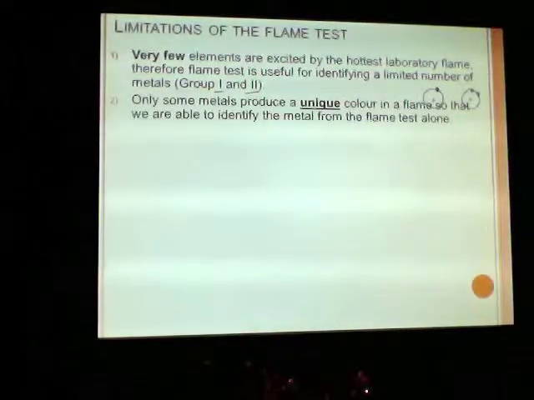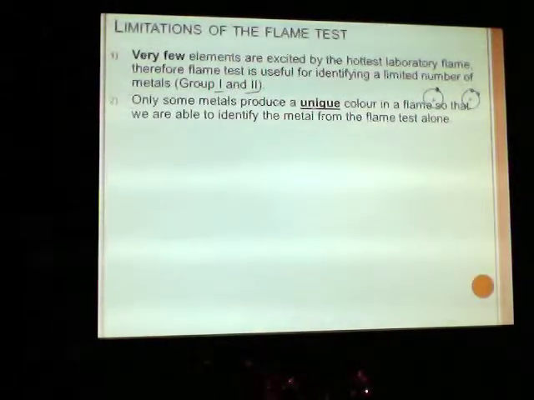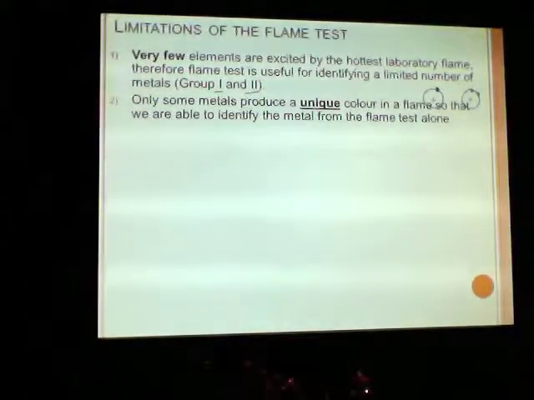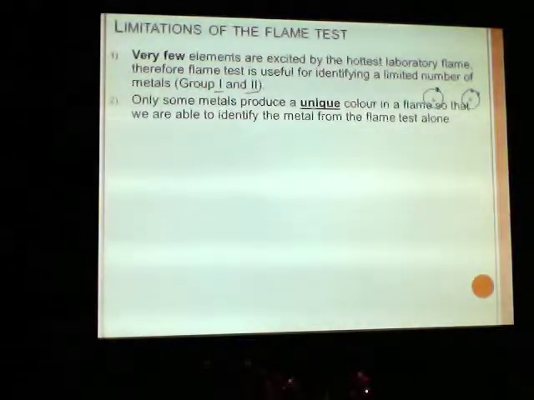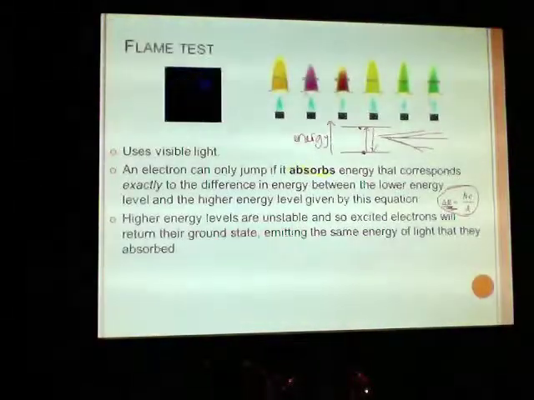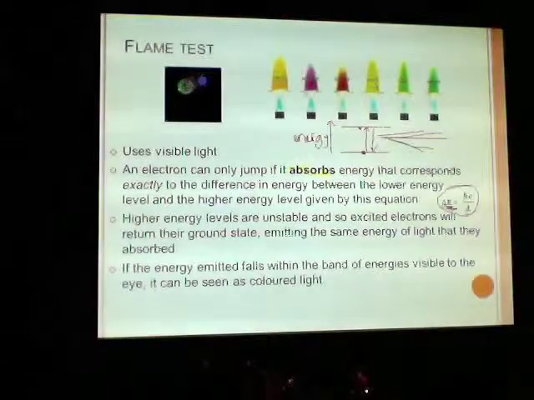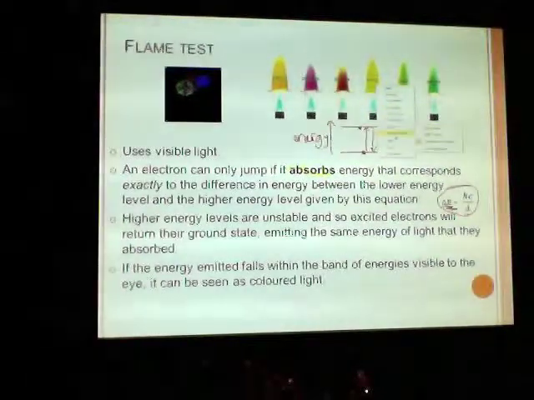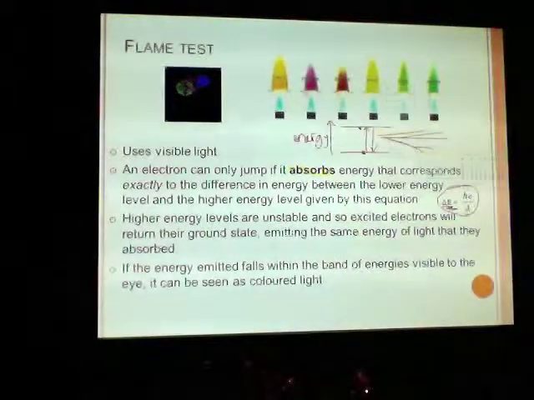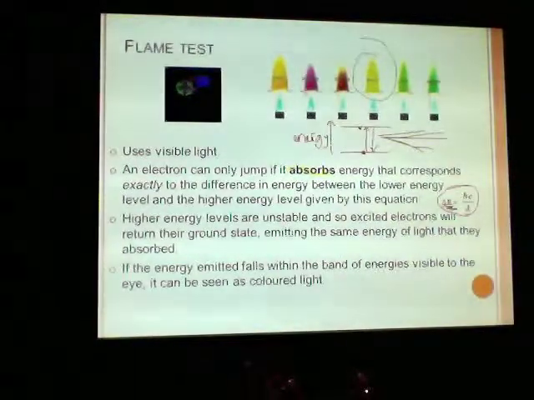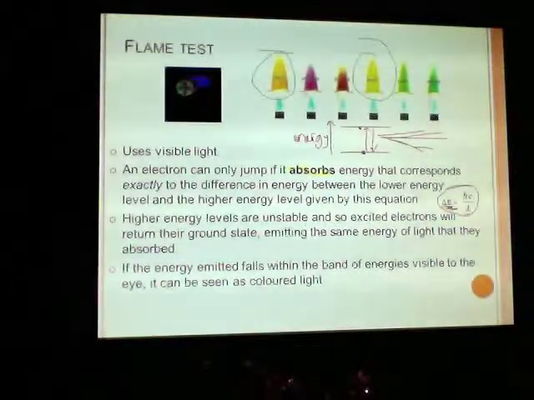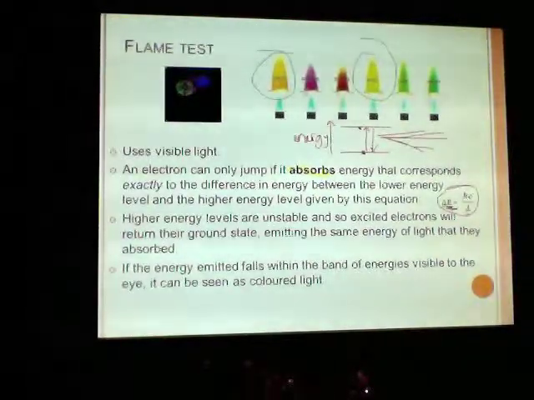Now, only some metals produce a unique colour in the flame, so that we're able to identify it in the flame tester. This makes sense if we think back to here, because barium, for example, and sodium, for example, both produce a yellow flame.